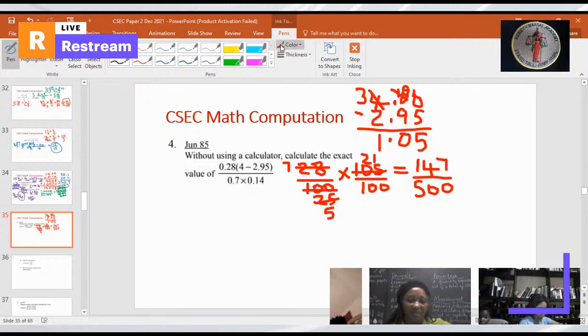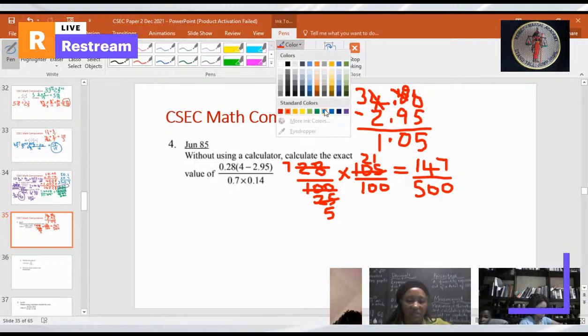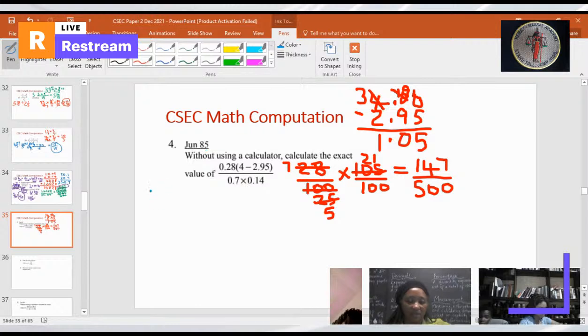So 0.7 is what as a fraction? Miss, 7 over 10. Okay. And 0.14 is what as a fraction? Miss, 14 over 100.